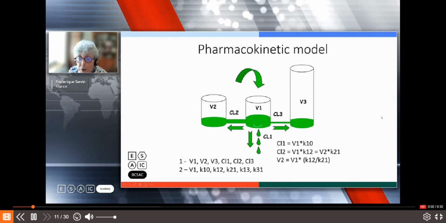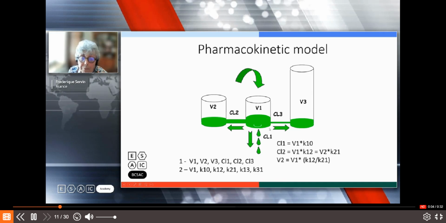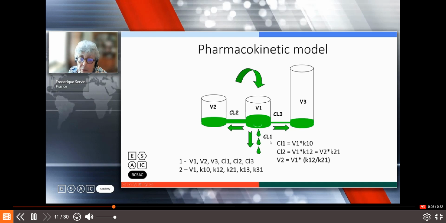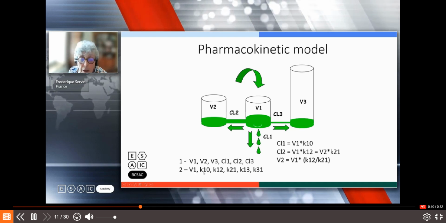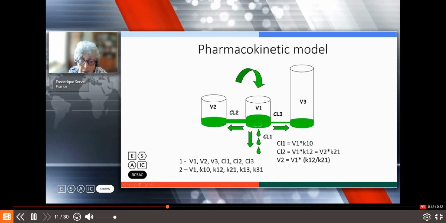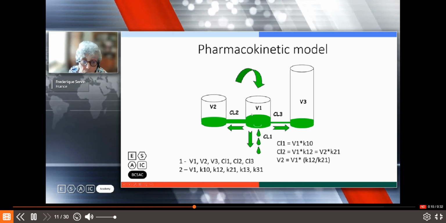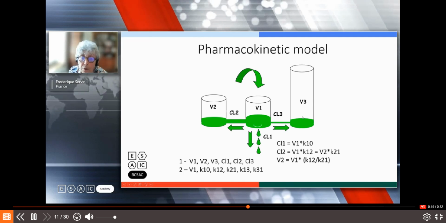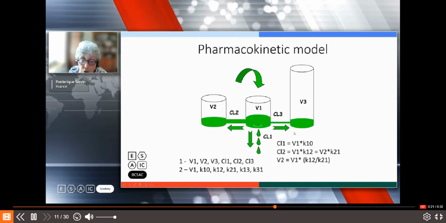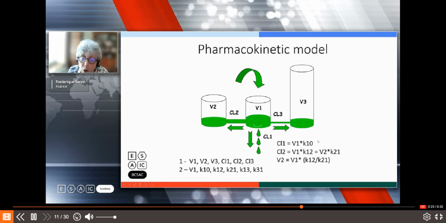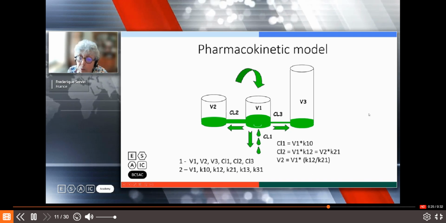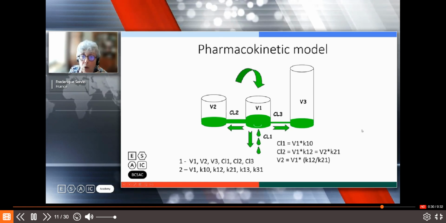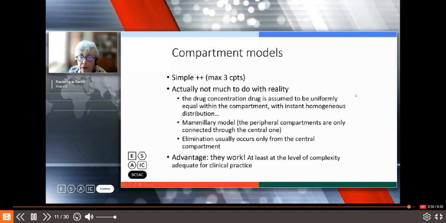In this configuration, there are either 3 volumes and 3 clearances, or 1 volume and the intercompartment rate constants from and to the peripheral compartment and the elimination constant. You have here the way to go from one expression to the other. This is called compartmental analysis.